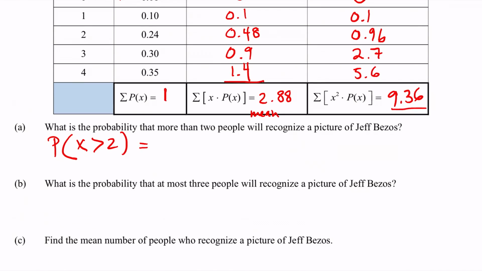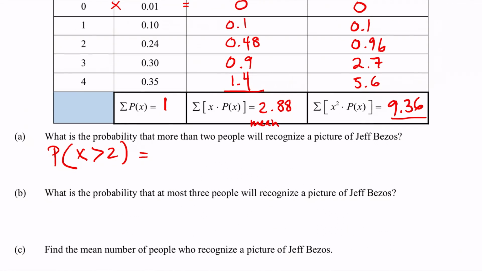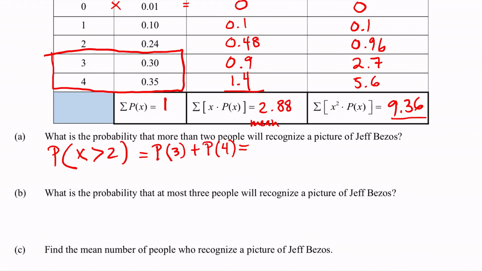Looking at the table, that would be the bottom 2 entries. So it's either the probability that 3 of them recognize Jeff Bezos or the probability that 4 of them, so we can add those together: 0.3 plus 0.35 gives me 0.65.